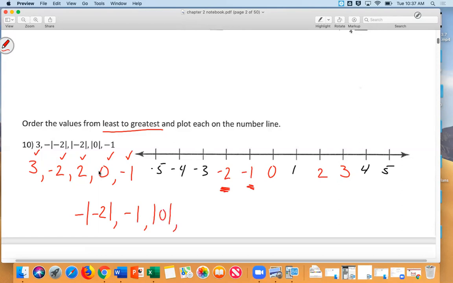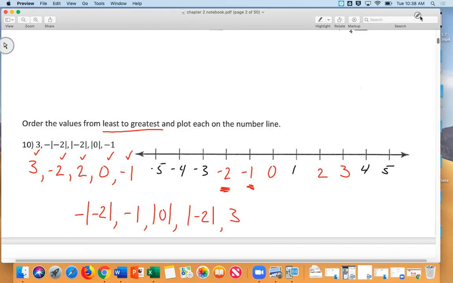Then we went to 2, represented by the absolute value of -2. And then 3, our first number, was 3. Notice I plotted my points from what I converted them to as decimals, and then I rewrote them as they were in the original problem.